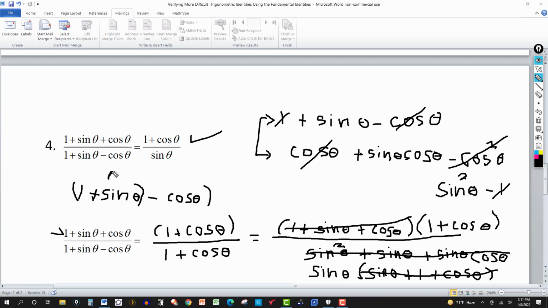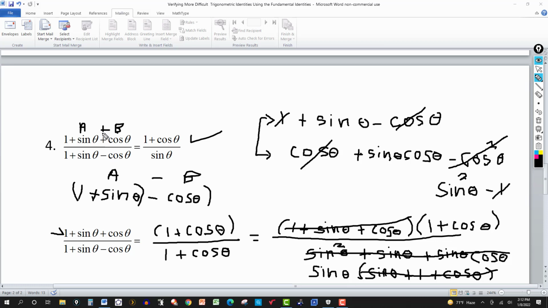Let's say this expression, this 1 plus sine theta, could be A, and this cosine could be B. So this 1 plus sine theta is like an A here, plus cosine, that's your B. So it's A minus B, A plus B on top. This is a plus here. So he multiplied the numerator and denominator by 1 plus sine theta minus cosine theta.